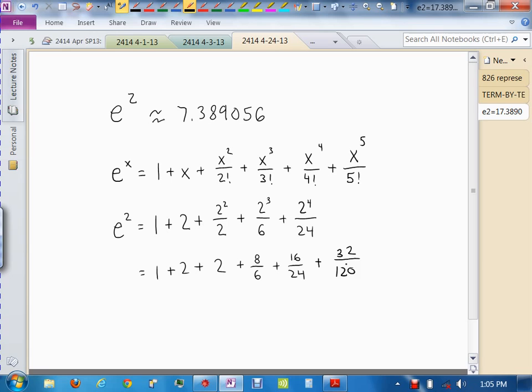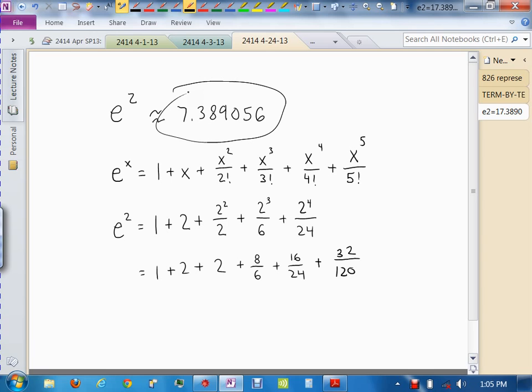Anyone else get 7.2? So look, when we stopped at 16 over 24, we got 7, right? When we went one more term out, we got 7.2, right? If we go another term out, we're going to get even closer to what the approximate answer was. What was the approximate answer? 7.389, right?